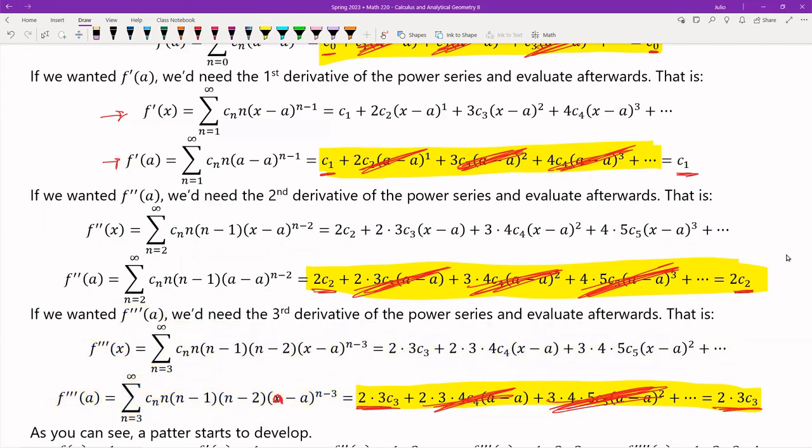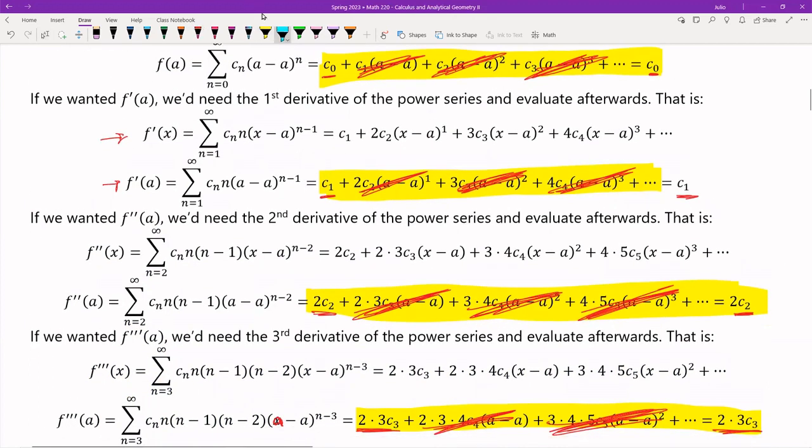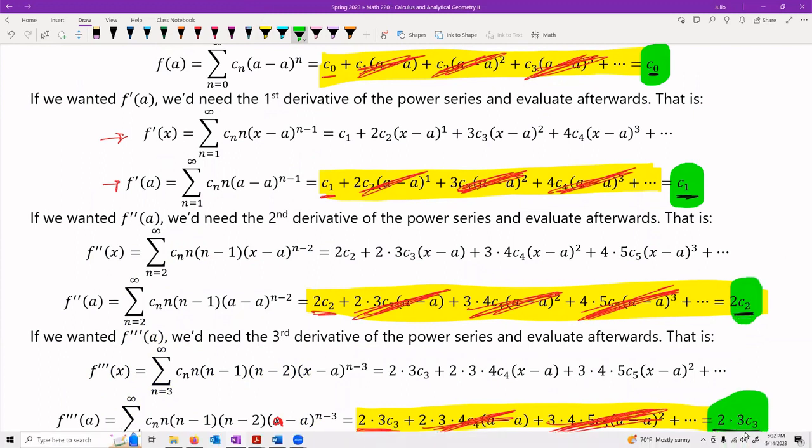Okay, so I want everybody to look at this really quick. I'm going to highlight some pretty important things here. I'm going to do it in green. C0, C1, 2C2, 3 times 2C3. That is all equal to f of a, f single prime, f double prime, f triple prime.